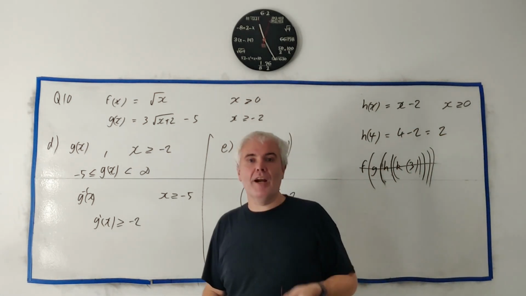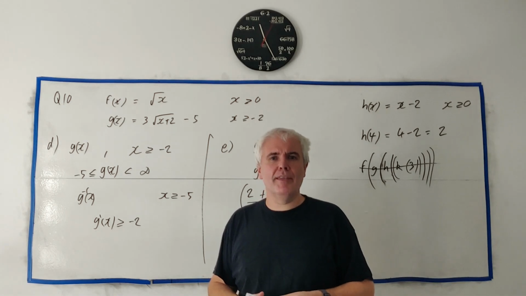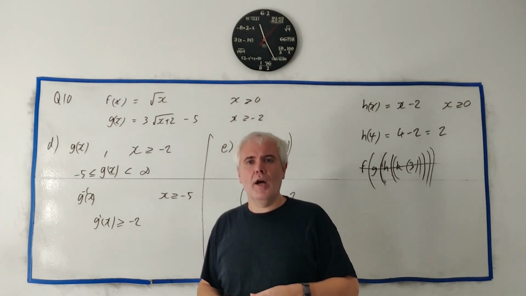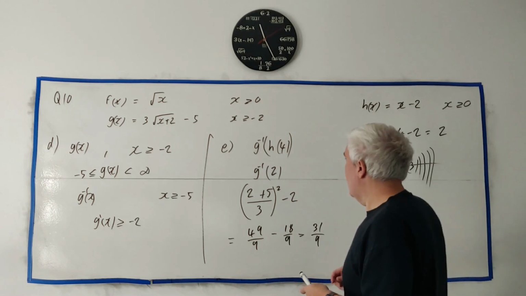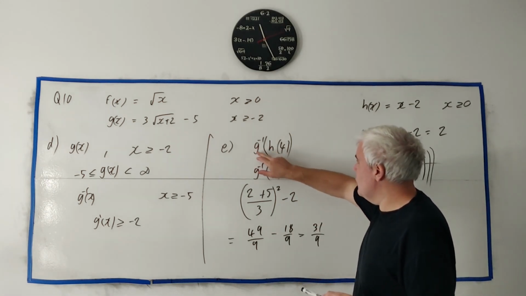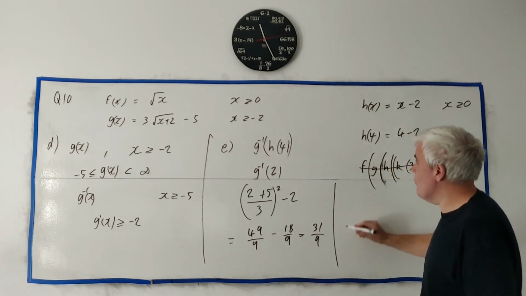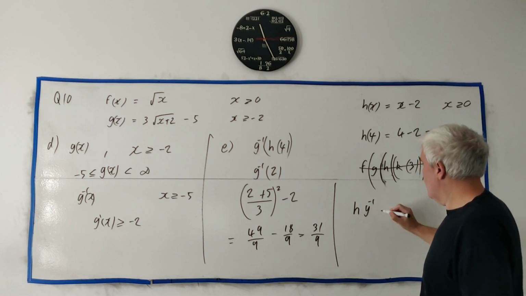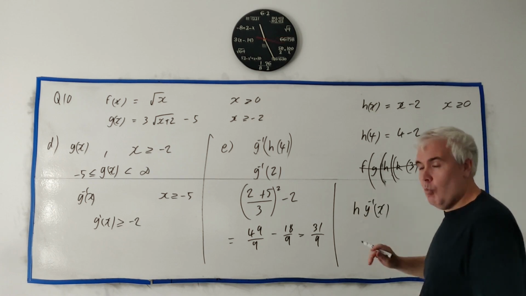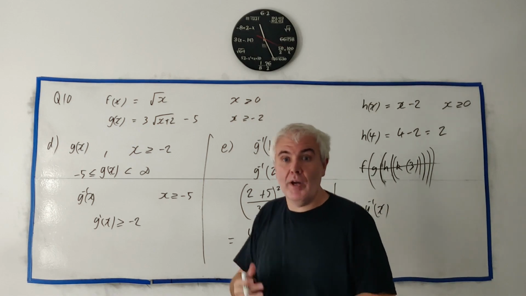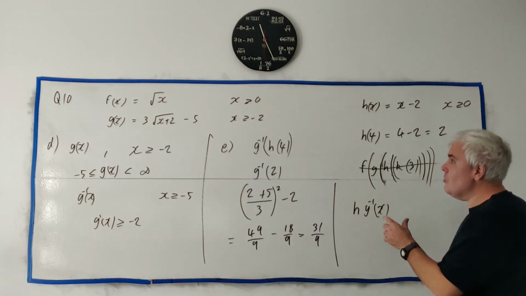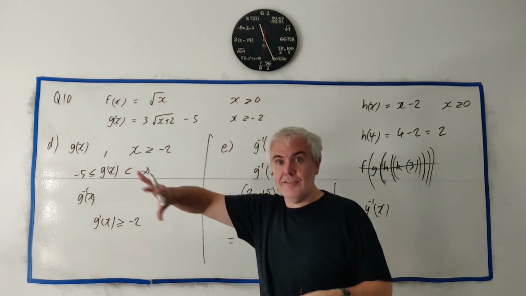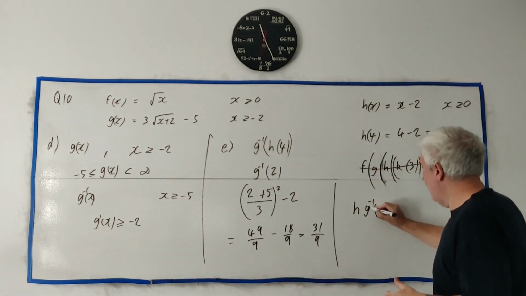Okay, for the final mark in this whole paper, they want you to explain why the composite function h of the inverse of g, opposite of this, h inverse g of x, why can it not be formed? The answer comes down to its domains and its ranges.